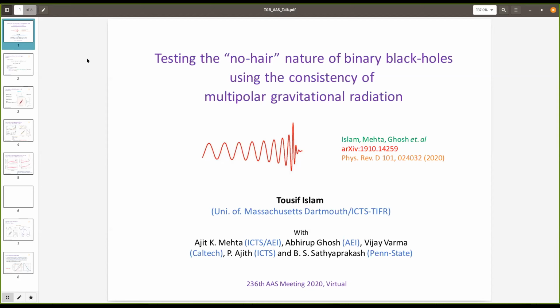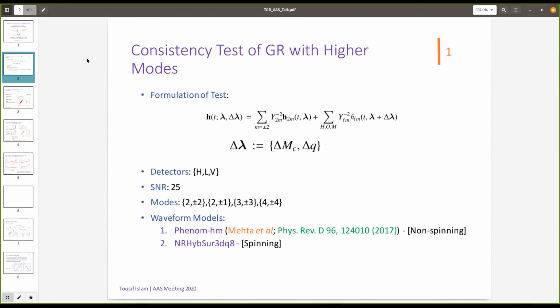That means that the consistency between different modes of the observed signal can give a powerful test that the radiation is produced by a binary black hole system in general relativity. So here we propose a test based on this philosophy. To formulate the test, we split the signal into the dominant quadrupole mode, which is the first term, and then the higher order modes.